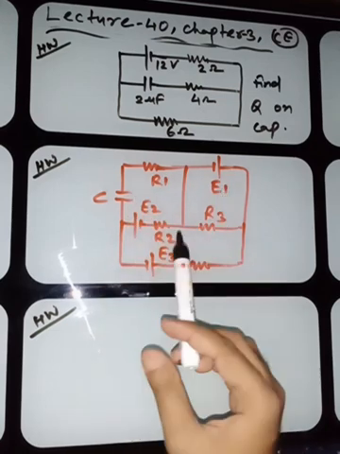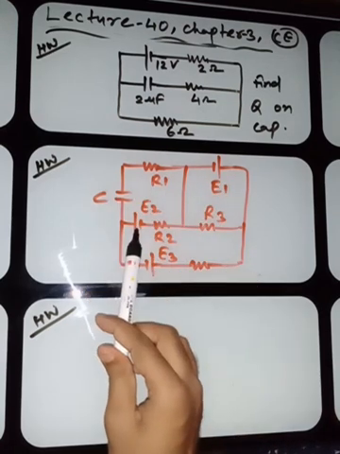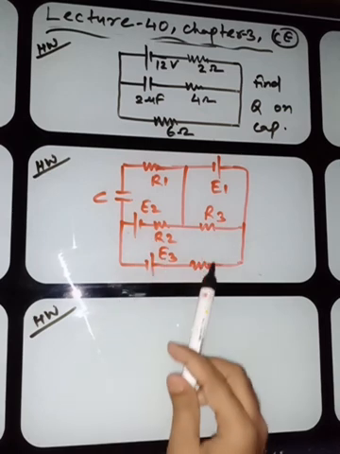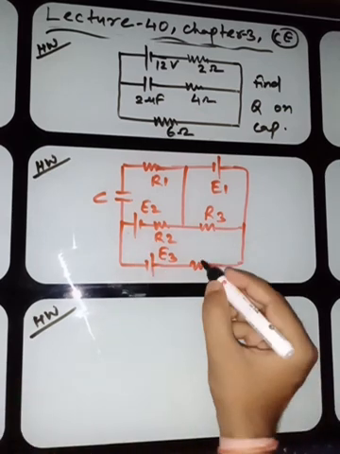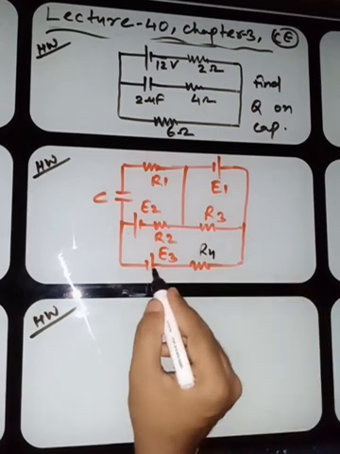Now the next one: R1, E1, C, E2, R2, R3, and this is R4, and E3.